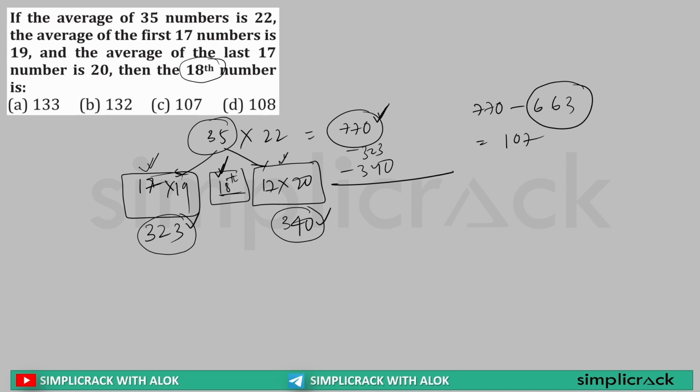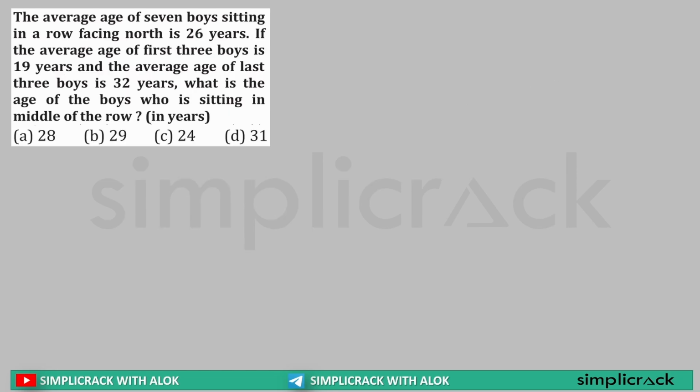Clear? Sir, this means the value of the 18th number is 107. The answer is option C. How I did it? I completely bifurcated both the 17 numbers and took out the 18th number. Clear? Next.